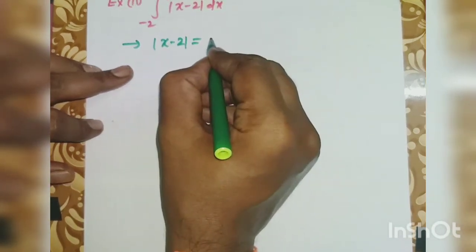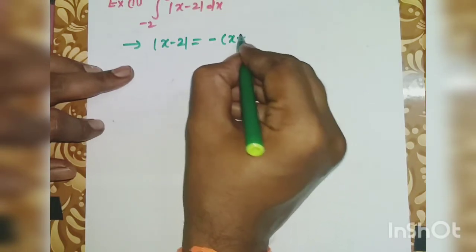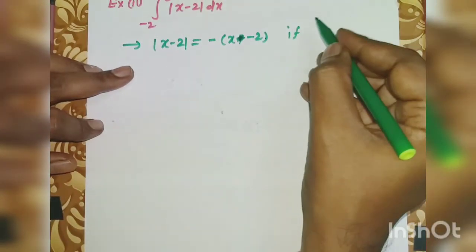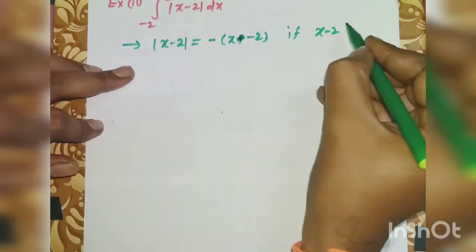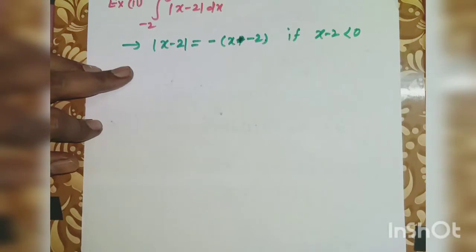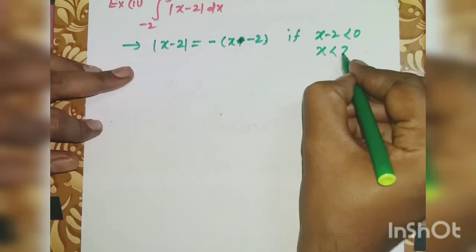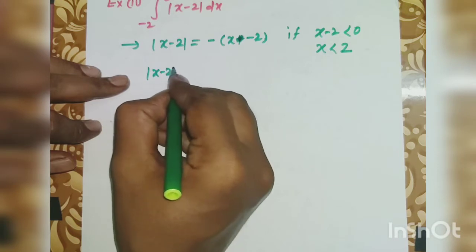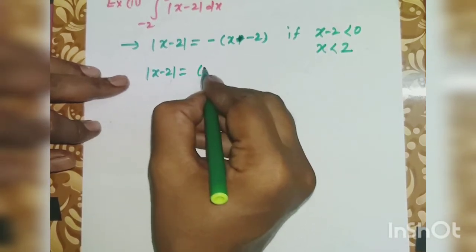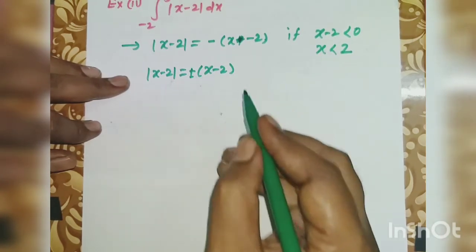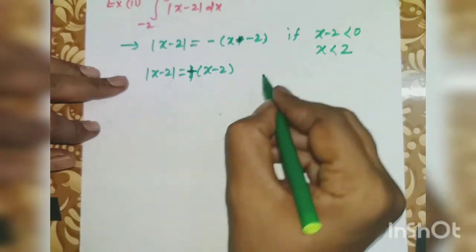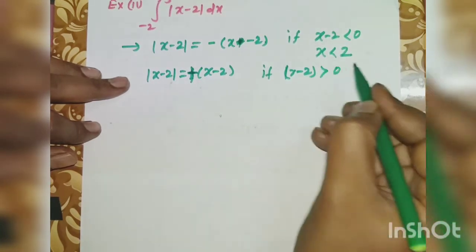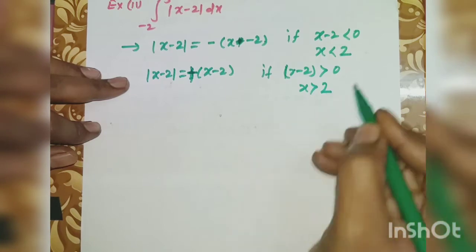There are two possibilities: minus bracket x minus 2 if x minus 2 is less than 0, that is x is less than 2, and mod of x minus 2 is equal to positive x minus 2, here sign positive, only positive, here negative, if x minus 2 is greater than 0, that is x is greater than 2.